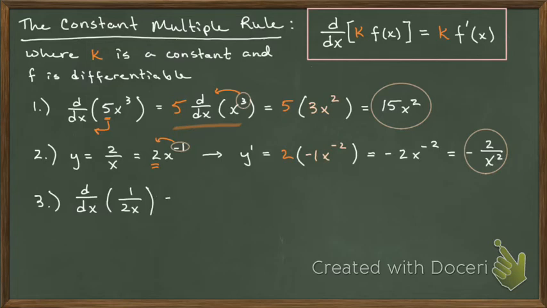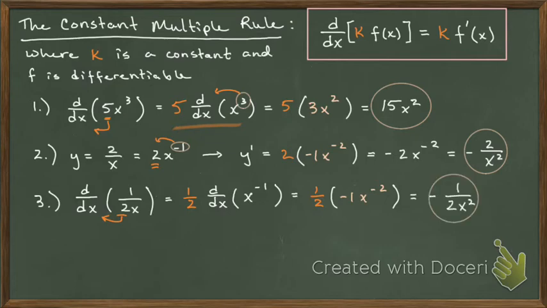I can factor out what we have here as a 1/2 now, and take the derivative of x to the minus 1, the same as I did in the last example. So subtle difference here, but we treat that 2 in the denominator as a constant 1/2. I could rewrite that as 1/2 times 1 over x and take the derivative to get 1/2 times minus 1 x to the minus 2, or minus 1 over 2x squared.